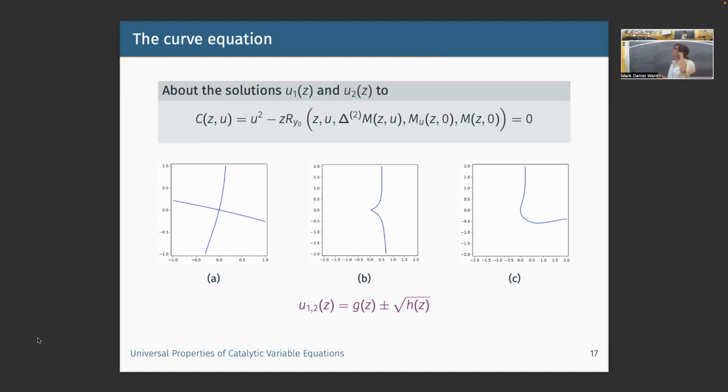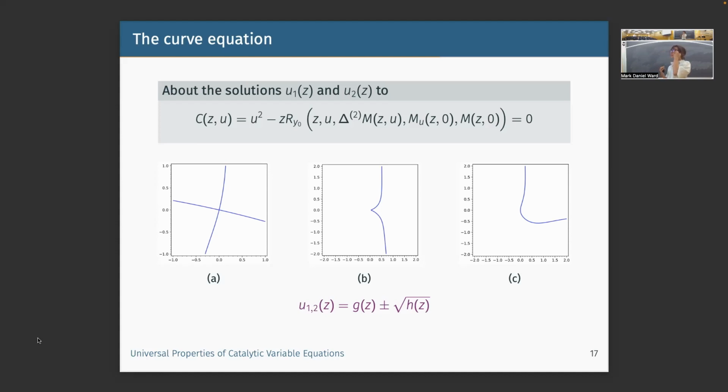We can see that this u1(z) is always monotone increasing, and of course always positive along the positive reals. And for u2(z), the absolute value of u1(z) is always larger than the absolute value of u2(z).